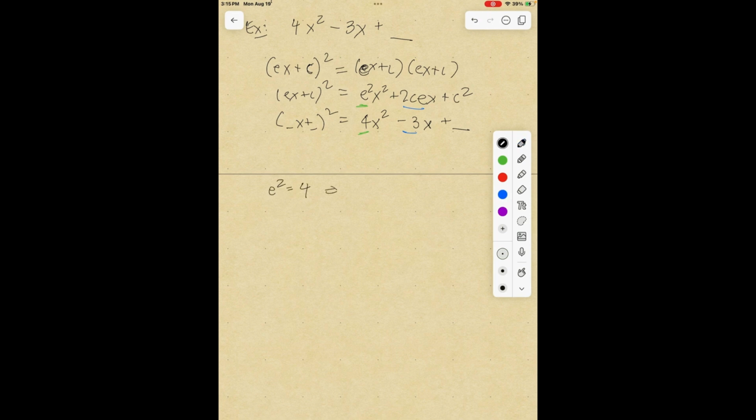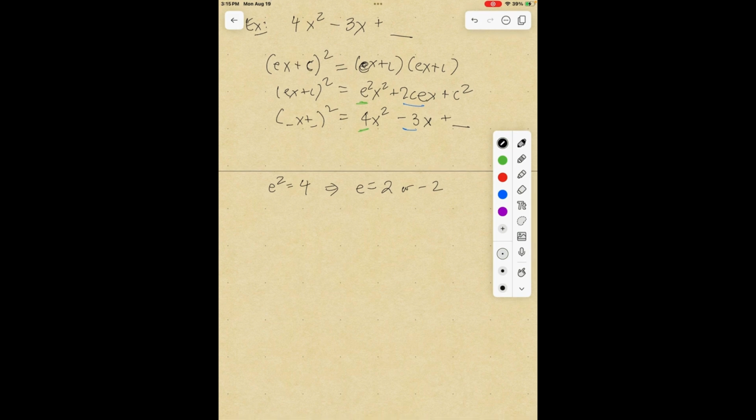Well, that tells you that e is either 2 or minus 2. Since we just want to add something to produce a perfect square, negative 2 will work, but 2 is easier, so either will work. Let's use e equals 2, the positive one.